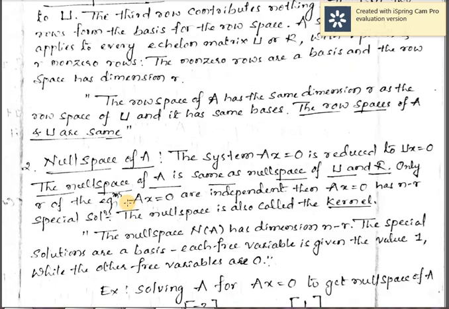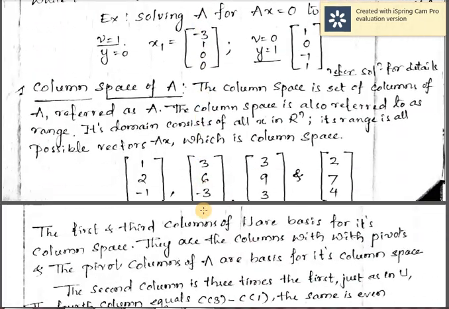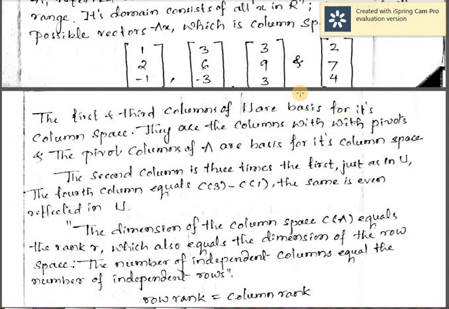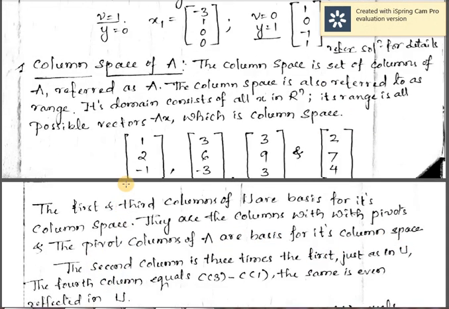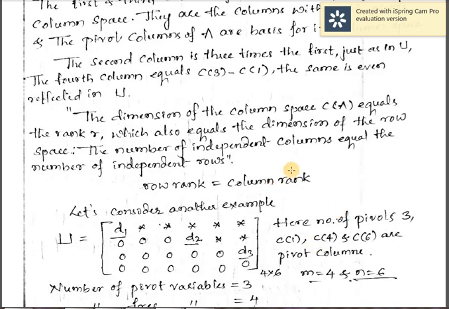We can even refer to this U. The first and third are the basis which contribute to the pivot elements. The pivot columns of A are the basis of its column space. So we are familiar with this. First and 3 are the pivot columns. The dimension of column space C of A equals the rank, of course, and which also equals the dimension of row space.